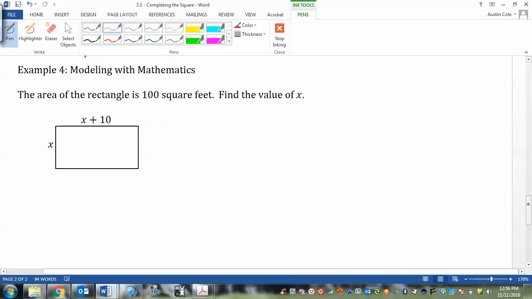Last one here. It says the area of the rectangle is 100 square feet. Find the value of x. How do I find the area of a rectangle? Length times width, base times height. So I'm going to take my length times width, so x times x plus 10, and set that equal to my area, which is 100.